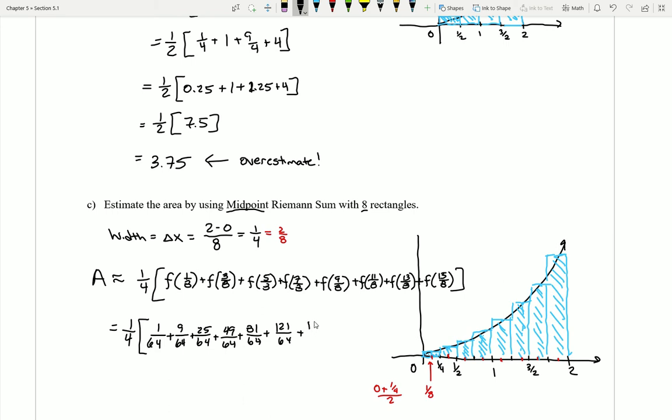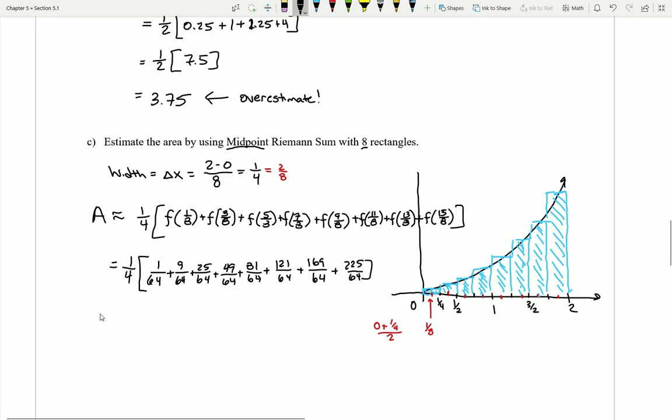Let's see, 13 squared should be 169/64, and 15 squared is 225/64. Now you can double check my numbers on this, but I think if you were to add all of this stuff together, you would end up with a grand total of 680/64 here. And so if you divided that by 4, you would end up with a total of 85/32 if you fully reduced everything.